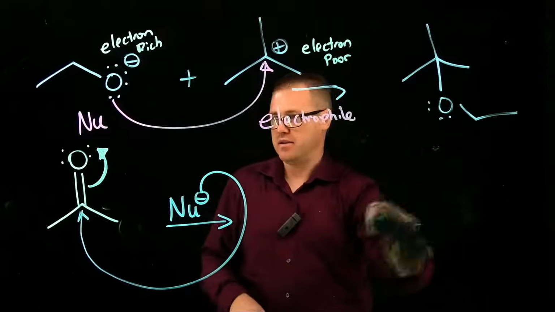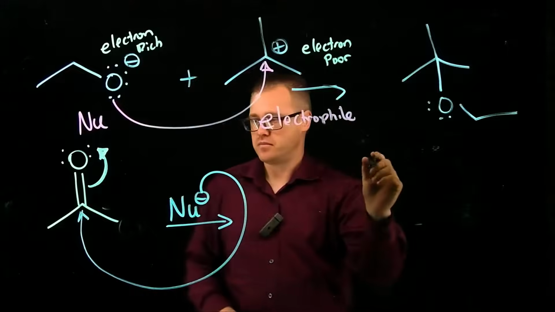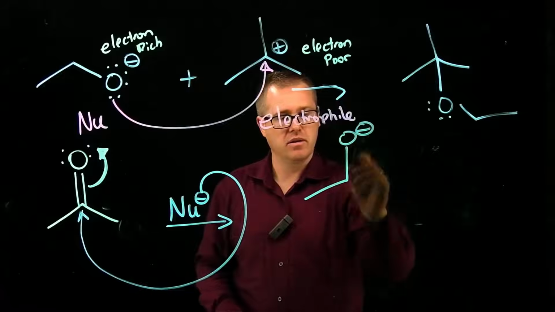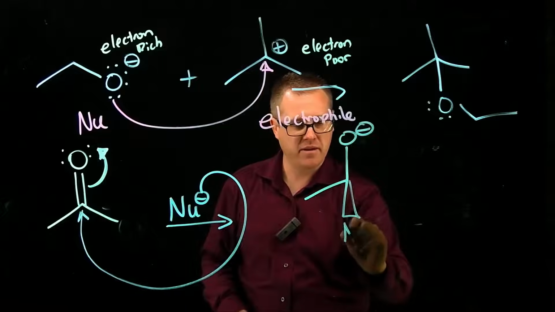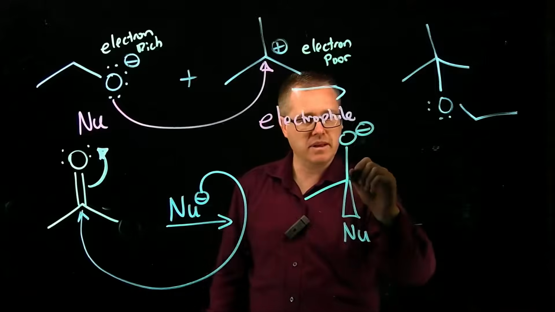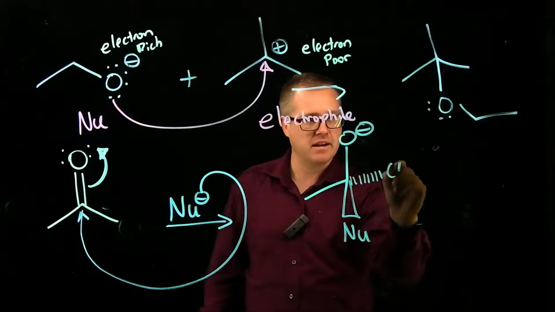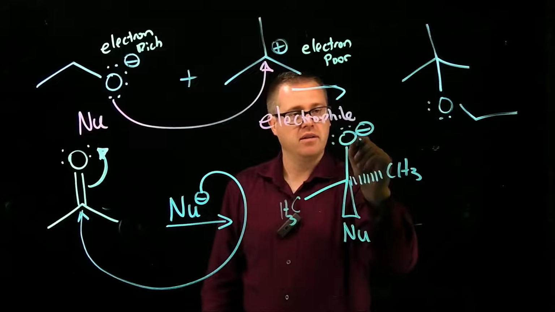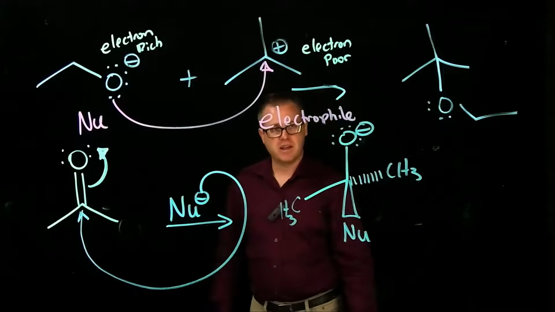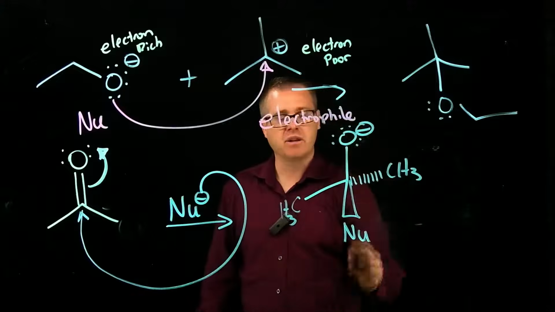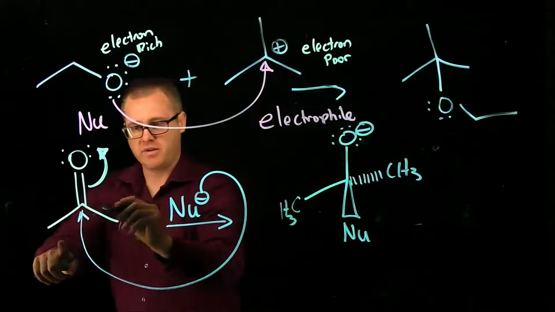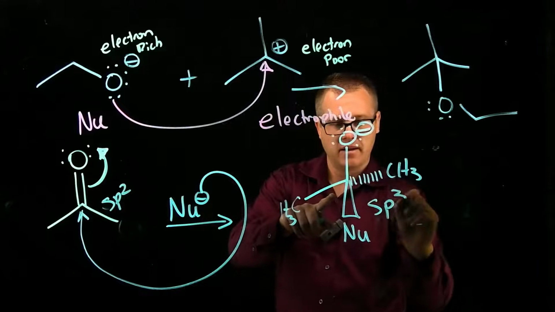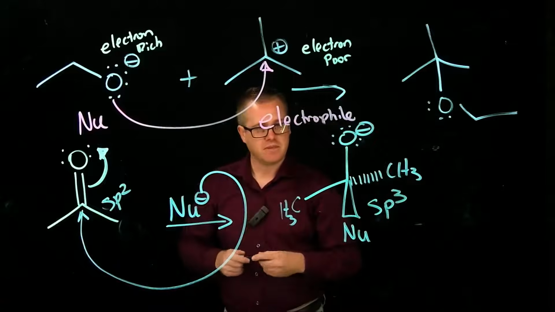And so when it attacks like that, what do we have here? The nucleophile came in from this direction. That's going to push one of the methyls back. And then we have the OH like that, or the oxygen atom right there. So what have we done? We have gone from sp2 hybridized to an sp3 hybridized species.